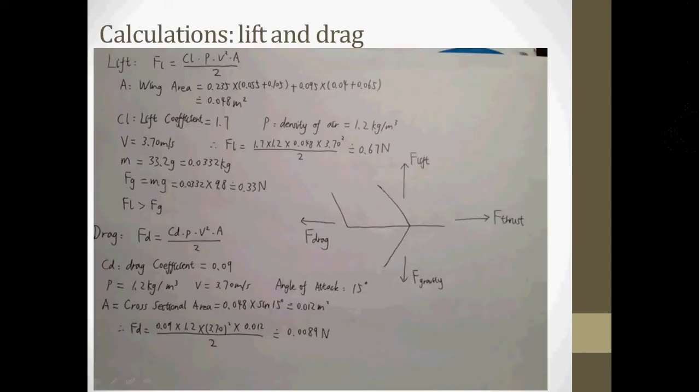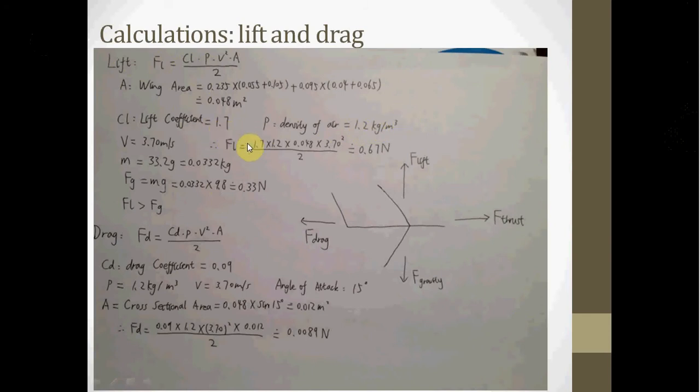For calculating F lift and F drag, first of all we found the formula for calculating lift, which is F L equals the coefficient of lift times the density of the air rho times the speed of the plane V squared times the wing area, and divide everything by 2. We got the wing area equals 0.048, and the density of air is known as 1.2 kilograms per meter cubed.